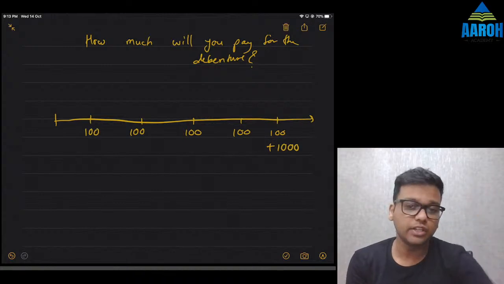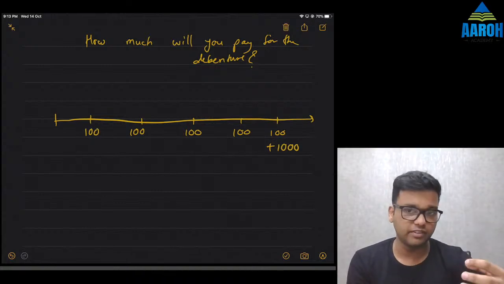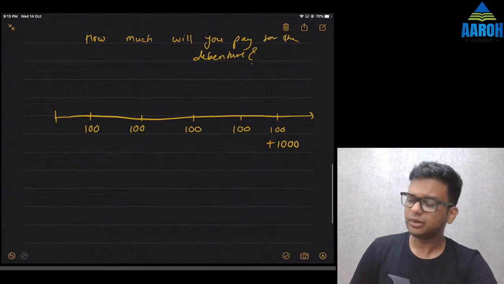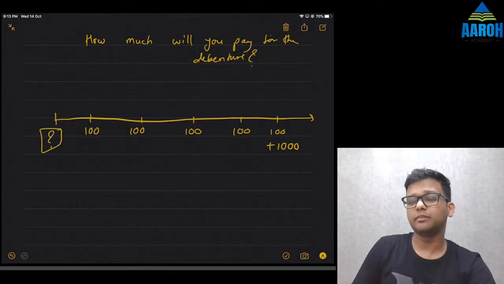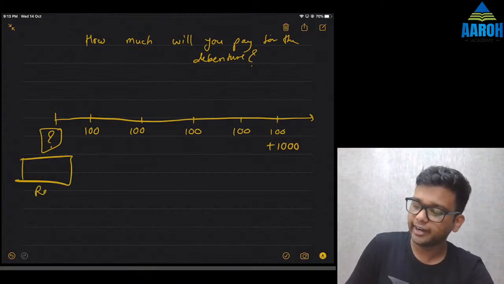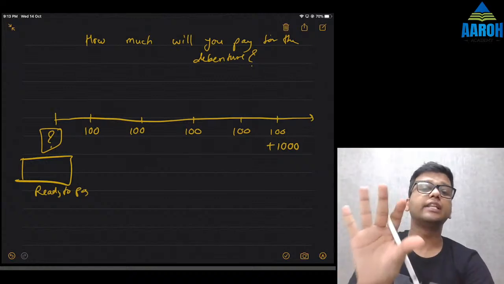You gave 1000 rupees loan to them, they paid interest 10%, 10%, 10% for 5 years, and then they repaid your 1000 rupees. Okay, now let's find out its present value. Whatever present value we find for 100, 5 years and 1000, that will be the amount that you are ready to pay.